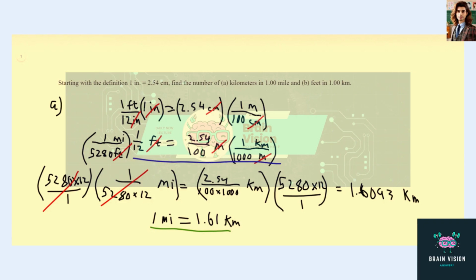So then I can rewrite that, and I can use that in order to figure out how many feet are in a kilometer. So I'm just going to rewrite that real quick.